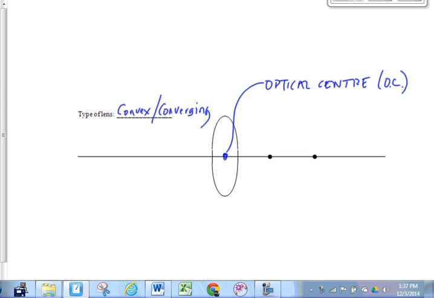This imaginary line that goes through the optical center and through the lens itself is what we call the principal axis. Sometimes we abbreviate that as a PA.